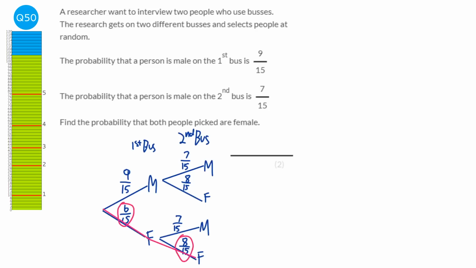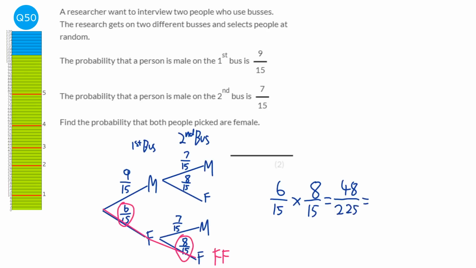The word "and" in probability means times. So whenever you're finding the probability of getting to an outcome, so this outcome will be FF, because they're both female, you are multiplying the fractions that you go across. So it would be 6/15 times 8/15. 6 times 8 is 48, and times the bottoms, 15 times 15 is 225.